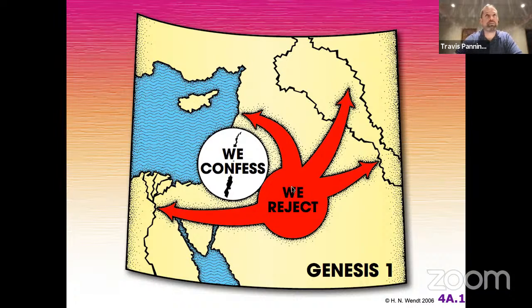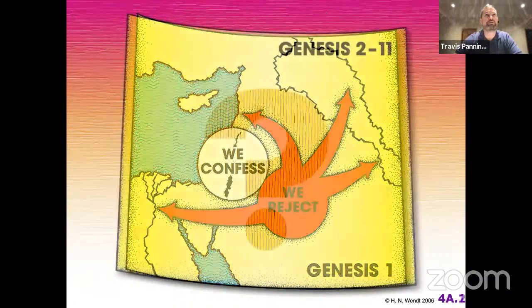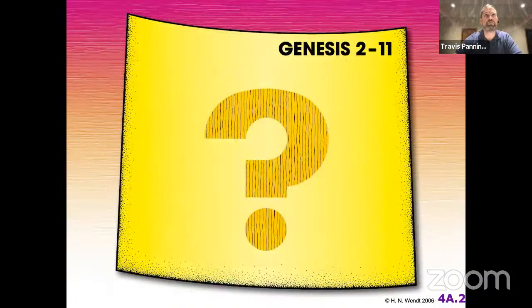And then we move into Genesis chapter 2, which has its own version of how the world was made. It's a different order of operations. It starts not with a chaotic ocean with chaotic waters, but with a desert, a place where nothing was growing.